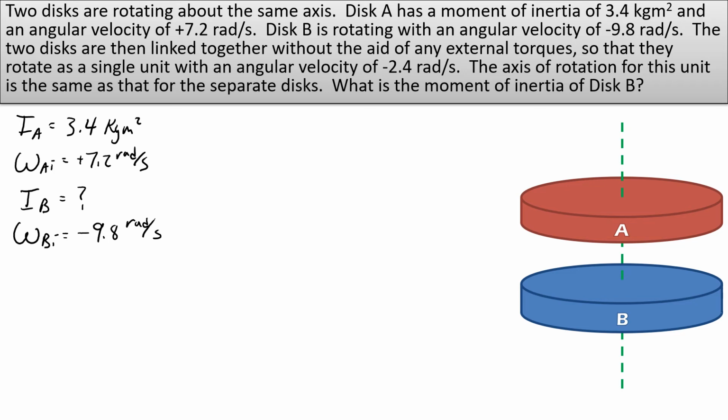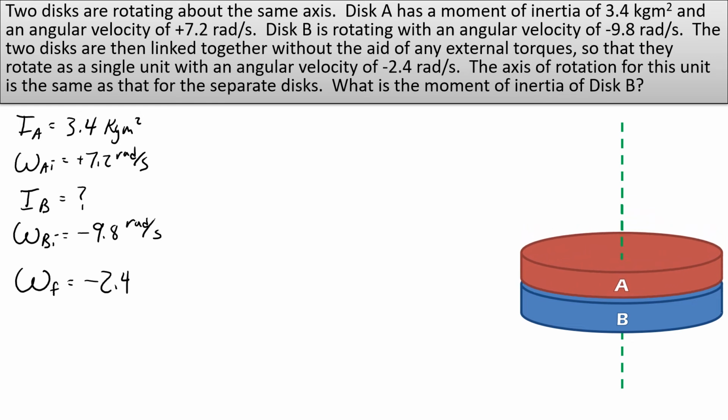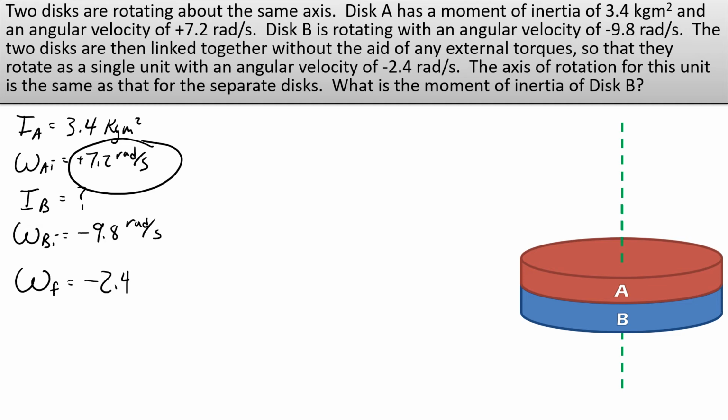So it looks like disk A is rotating this way, disk B is rotating the other way, and then they combine and have a final angular velocity together of negative 2.4. So disk B wins, and when they combine together, they end up moving in this direction. But it's going to be slower than before, right? Because some of that angular momentum was going in the opposite direction.